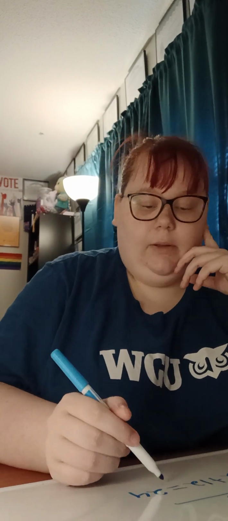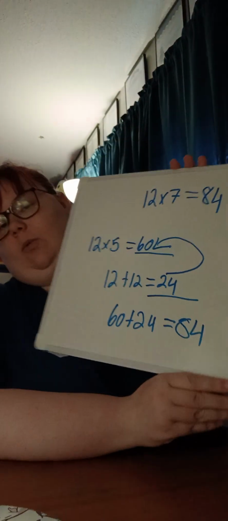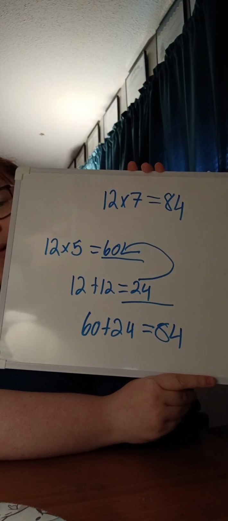Well, we already know that 12 times 5 is 60. And we're skip counting by 12s. So if we're adding 2 more to the 5, which makes it 7, we're going to add 24 to our 60. Now 60 plus 24 equals 84. Now, this method will not make sense or work in every scenario. This is just how I look at it if I already know what I'm doing.